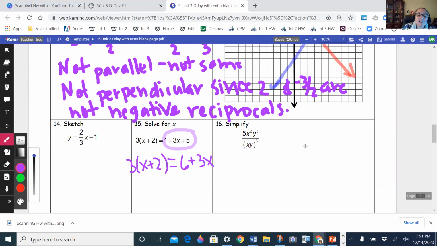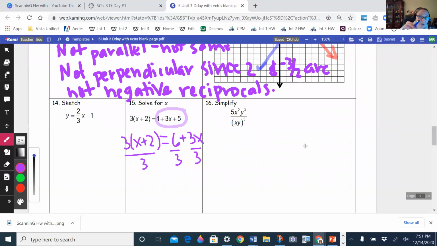Now at this point I can do one of two things. I can distribute the 3, or I could actually divide everything by 3. So let's say I divide everything by 3. I can divide this by 3, this by 3, this by 3. You're allowed to do that as long as you do it to everything. And I get x plus 2 is equal to 2 plus x.